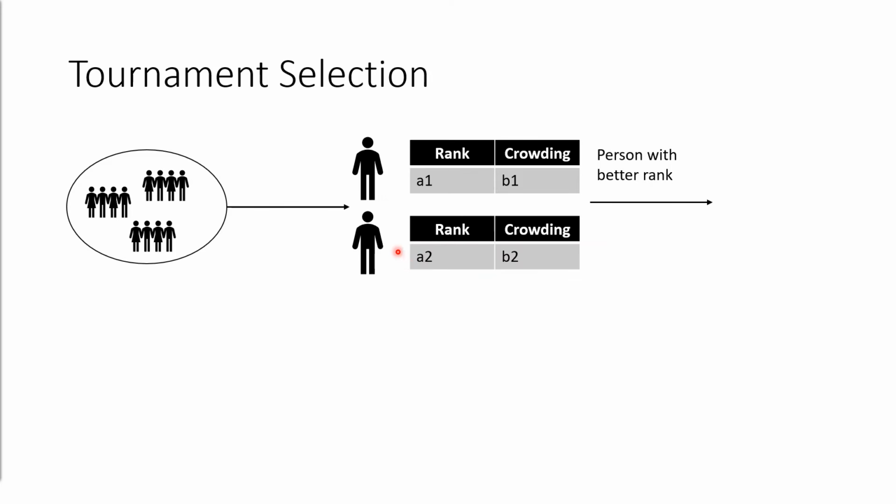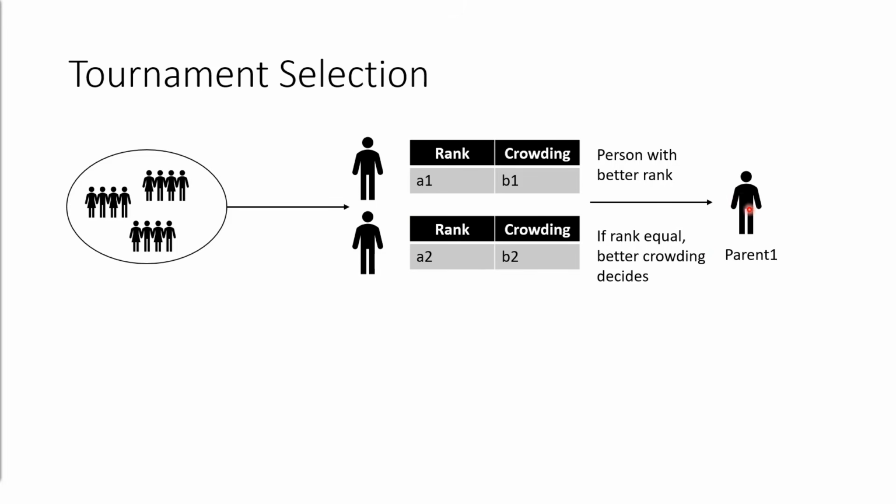So if A1 here is bigger than A2, this person is allowed to create offspring. In the case that the ranks are equal, the crowding distance operator is the factor which decides which person is allowed to reproduce. So if B1 is bigger than B2 and the ranks A1 and A2 are the same, this person is allowed to create offspring.